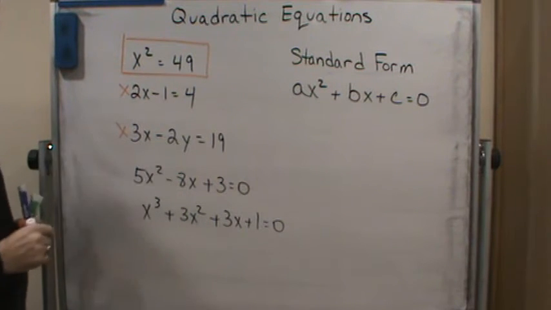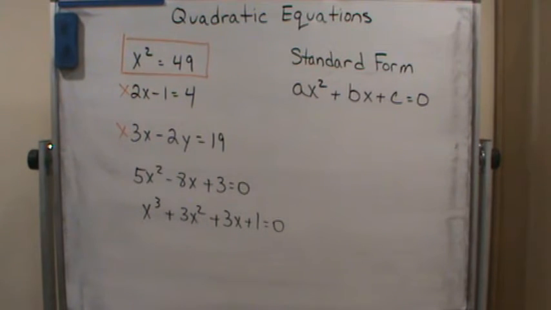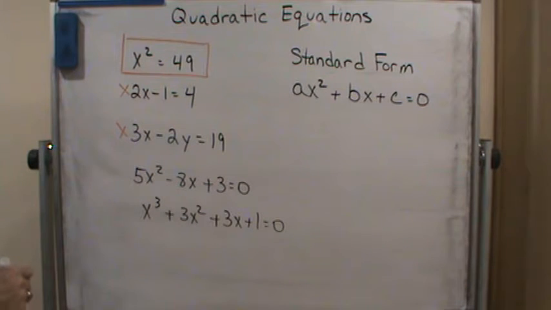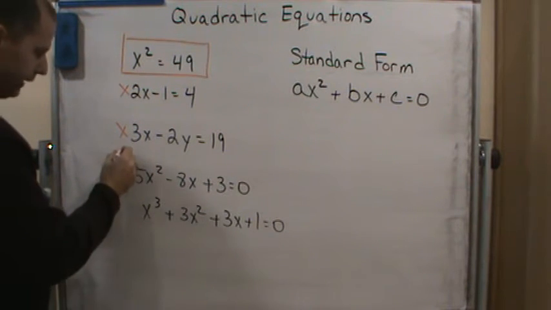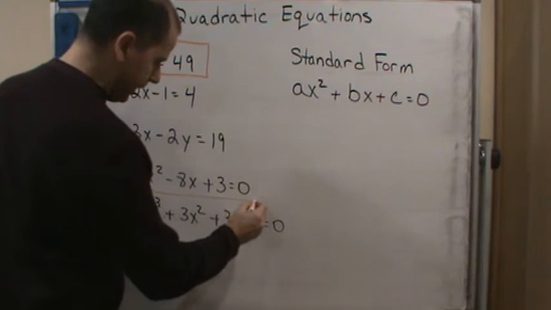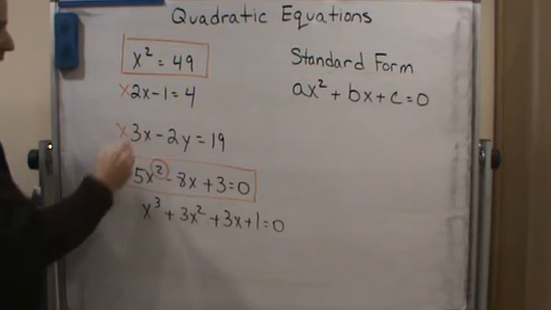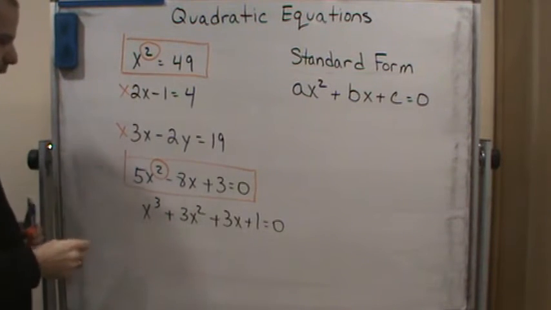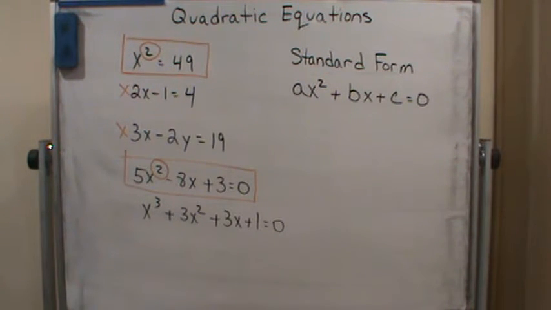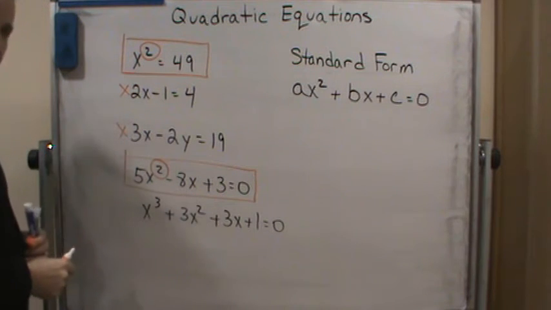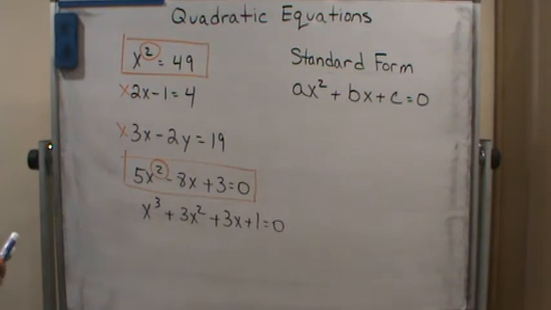This one is also not a quadratic equation because there are no variables raised to a second power. But this one here is a quadratic equation because you can see that there is a variable raised to a second power, and there are no other terms with variables raised to higher powers.